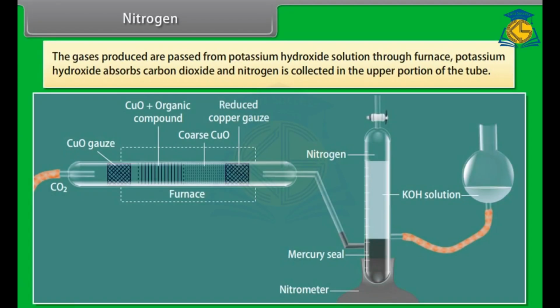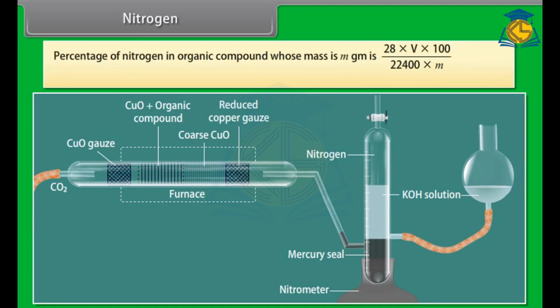The gases produced are passed through potassium hydroxide solution. Potassium hydroxide absorbs carbon dioxide and nitrogen is collected in the upper portion of the tube. Percentage of nitrogen in organic compound whose mass is m gram is 28 × V × 100 divided by 22,400 × m, where V is the volume of nitrogen at STP.